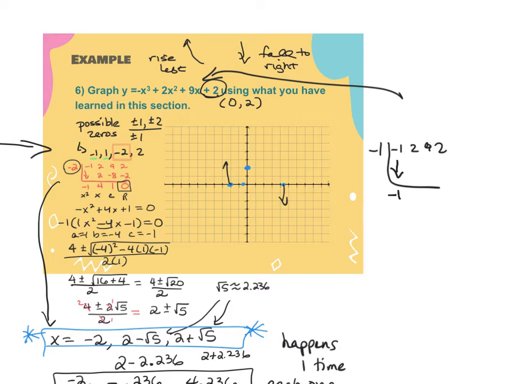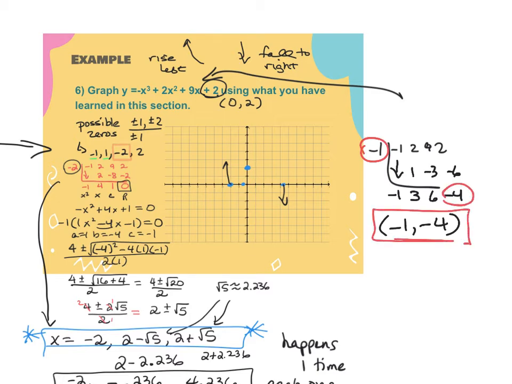Bring it down, multiply, add the column, multiply, add the column, multiply, add the column. So my additional ordered pair, I take this and put it with the remainder, and it becomes a coordinate. And now I can come over here and graph -1, -4.